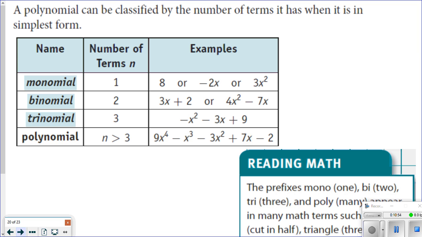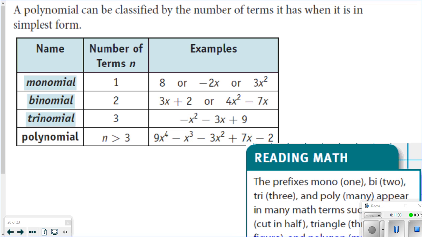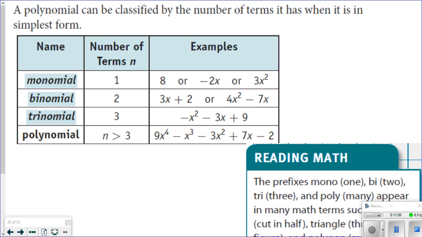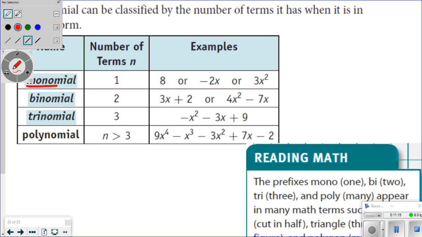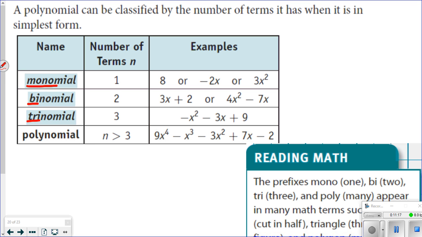A polynomial can be classified by the number of terms it has when it is in simplest form. So if I'm looking at this table, we can use a little bit of English here. Remember that these are called prefixes, and they help us determine the number of terms or what the name is going to be.